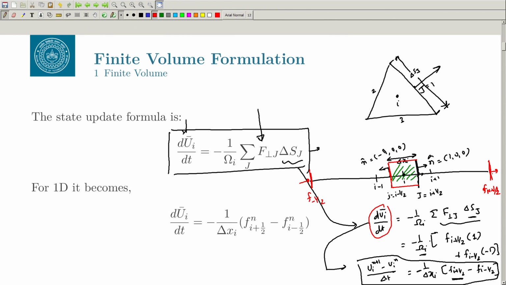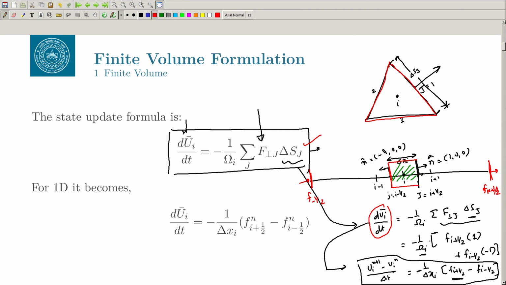Same thing you can see in 2D also. So, in triangle also, because we are using this formulation, we are making sure that in each cell the values are conserved. And globally also, if you consider all the cells together, then also values are conserved. So, it allows you both local conservation and global conservation.